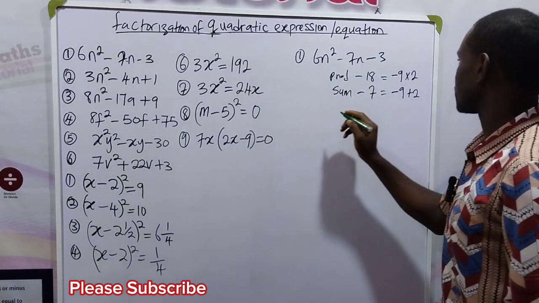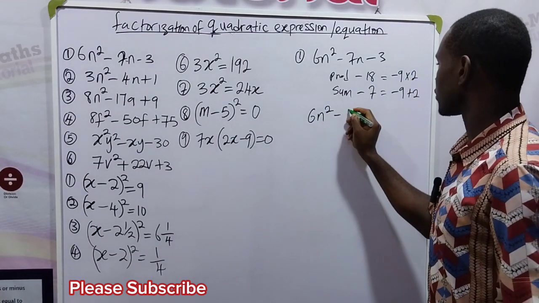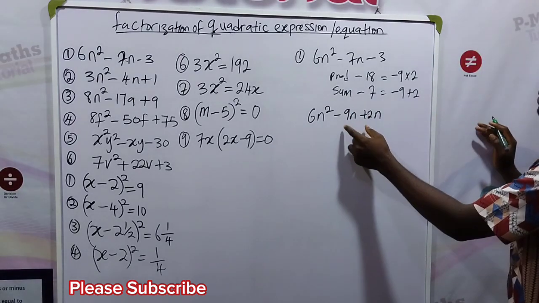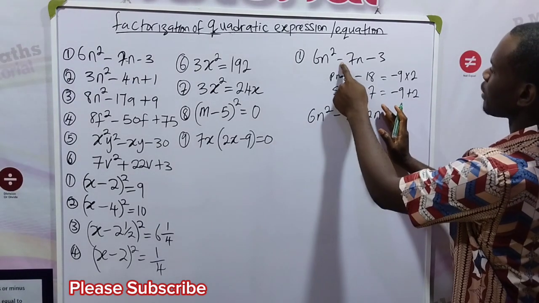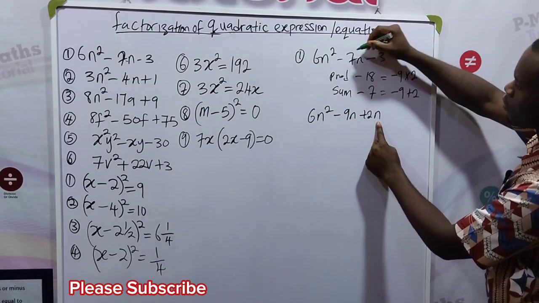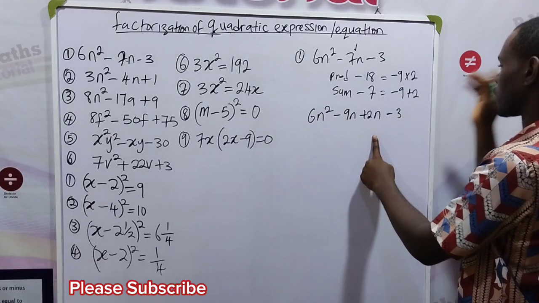Okay, so we're going to be having 6n squared minus 9n plus 2n. Now in the real sense, what we have here is minus 7n because minus 9n plus 2n will give you back minus 7n. Then bring down minus 3.